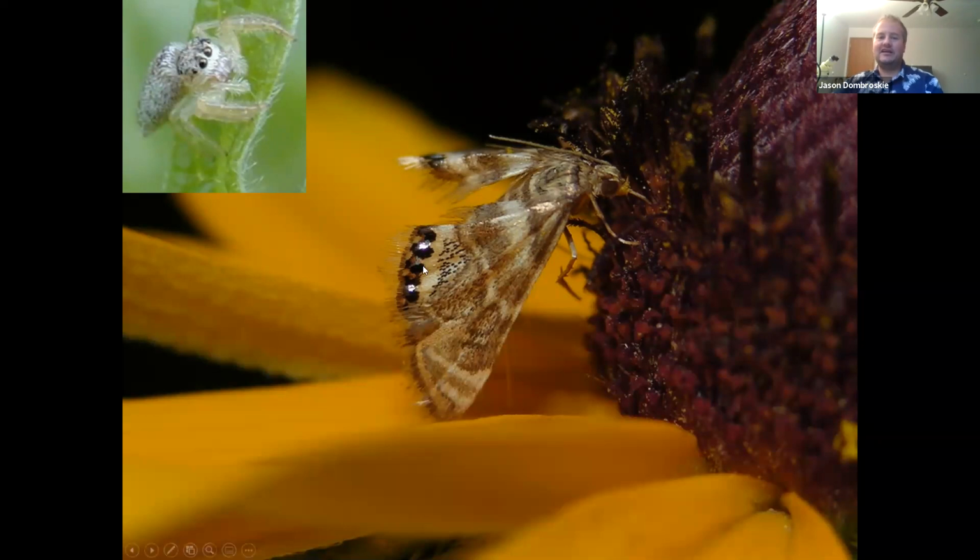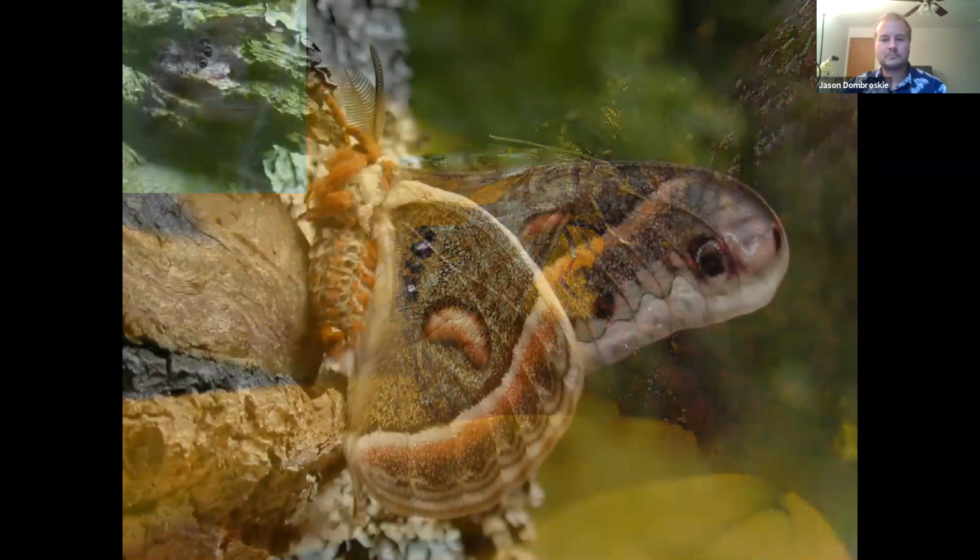And if you look carefully at the eye arrangements, they do kind of match the eye arrangements there. And then you typically get these sort of leggy looking patterns, and they will sort of walk like this and mimic that. And some even will mimic the threat display of jumping spiders. And there's been studies that show that jumping spiders will back off of them and be sort of scared by them. So it's a very common defense you'll see in a lot of tiny micromoths.